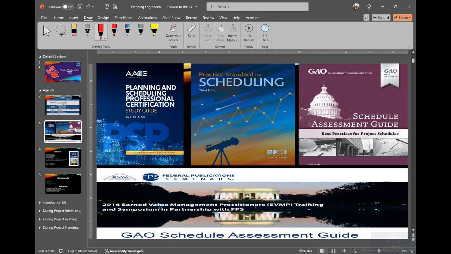Part of it, and the most important books and references which we depend on, is the book for the PSP certificate from AACE, the Planning and Scheduling Professional Certification Study Guide, which is very important, and the Practice Standard for Scheduling, third edition, from PMI, this is for the PMI-SP certificate, and also the Schedule Assessment Guide from GAO, with the help of many other books which are not mentioned here, but we are depending on all these books and references for our course.